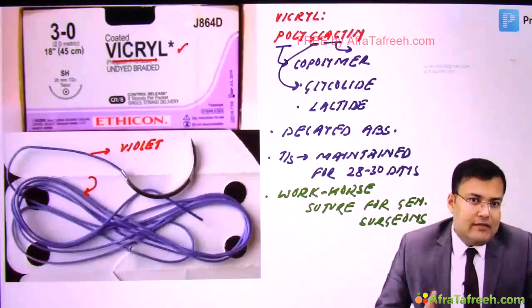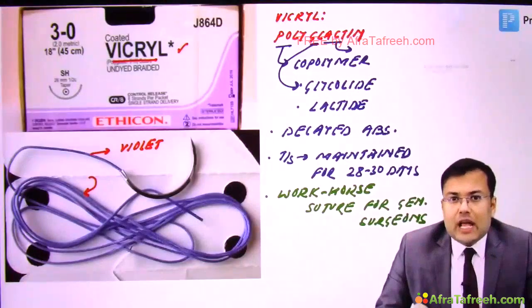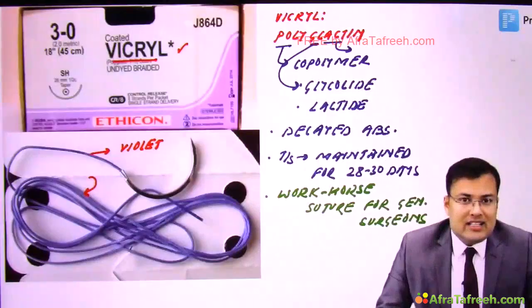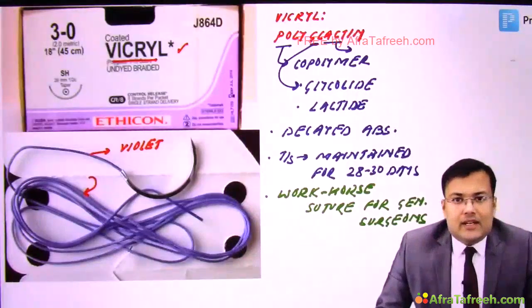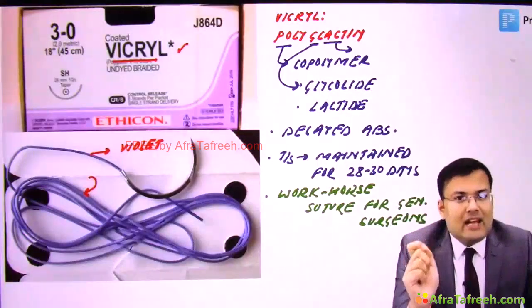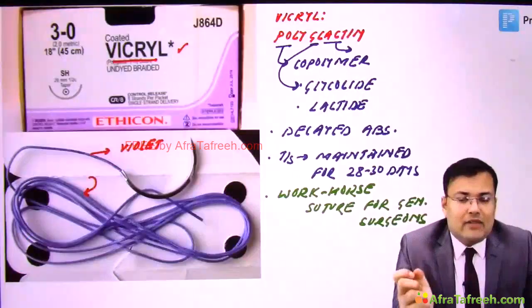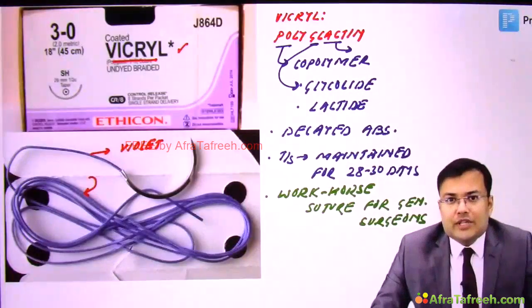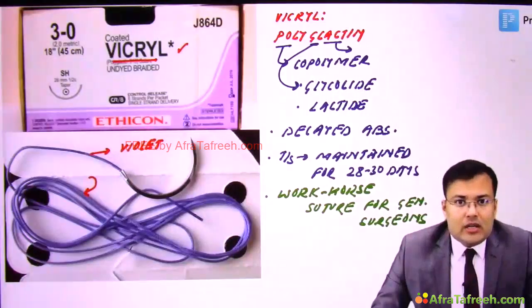Obviously we cannot use non-absorbable sutures for CBD, ureter and bladder, because a non-absorbable suture will act as a nidus, and there will be stone formation. That's why in these organs we use absorbable suture.